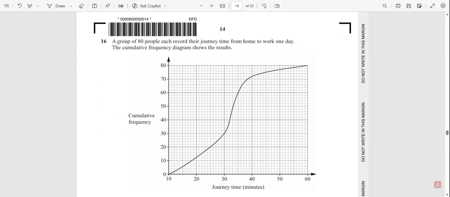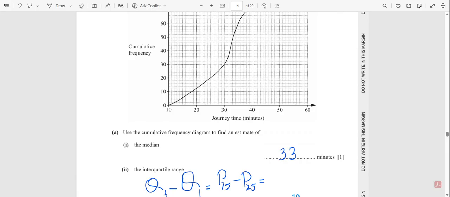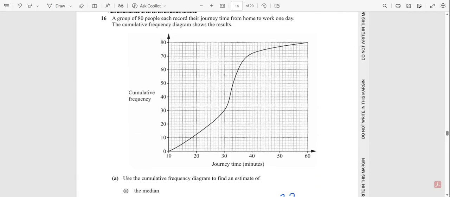A group of 80 people each record their journey time from home to work one day. The cumulative frequency diagram shows the results. Use the cumulative frequency diagram to find an estimate of the median. Median is the middle value. Total number of people is 80, so the median value is 40.